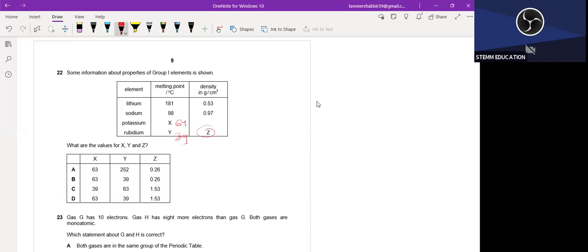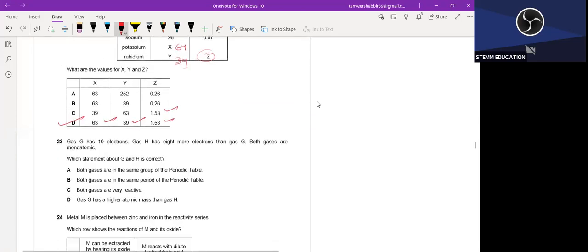The value of Y should be 39, because it is less than 63 or 64, and the melting point of X is 63. So the correct answer for 22 is D.